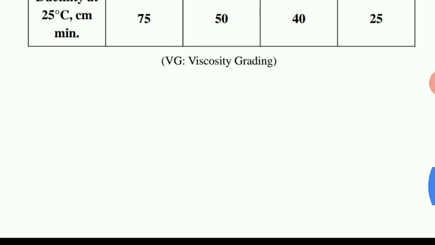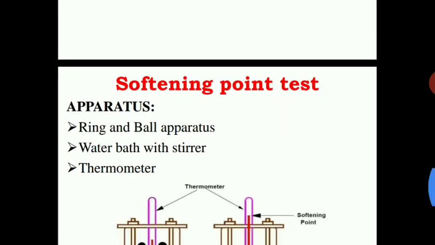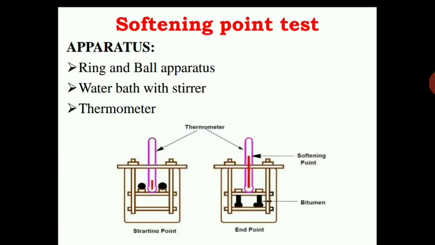Coming to the next test, that is the softening point test. Here in this softening point test we have certain apparatus. The name softening, in the sense, means it is going to melt. The apparatus are the ring and ball apparatus, a water bath with stirrer, and a thermometer.